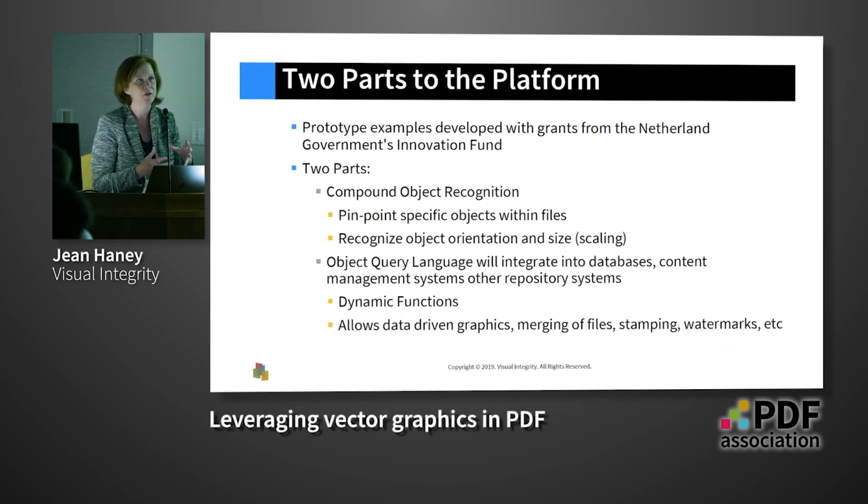A simple object would be a circle, but a compound object would be like a CAD part. You would be able to search a parts catalog for that CAD part, and find other CAD parts that looked like it, both at that size, at scale, and at any rotation, any orientation. You would really be able to start looking into the graphics of files.